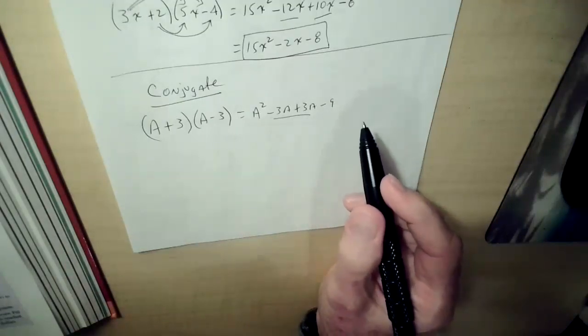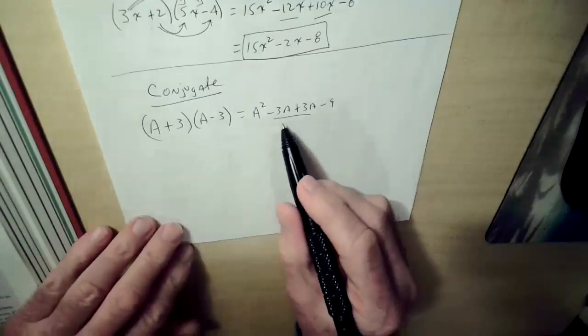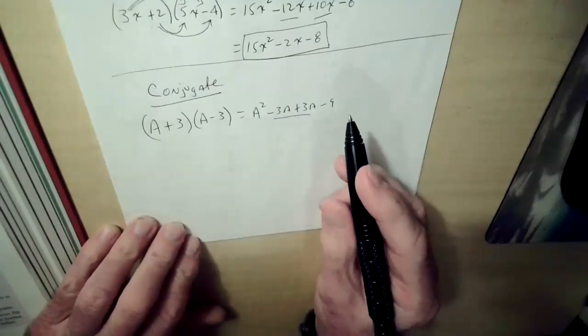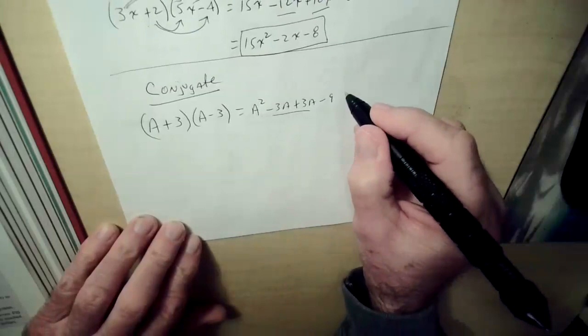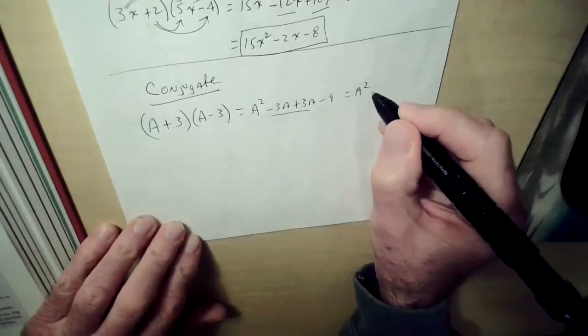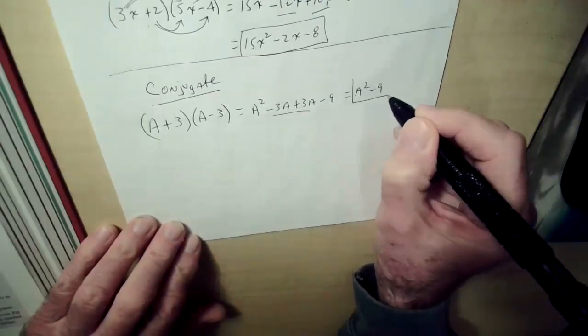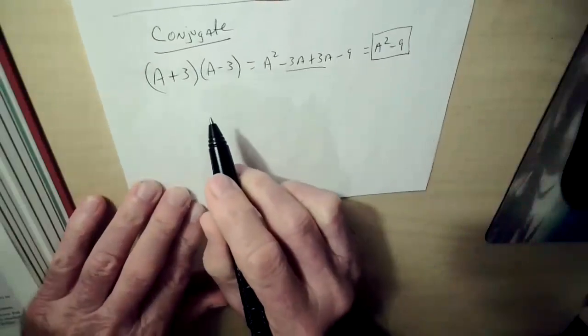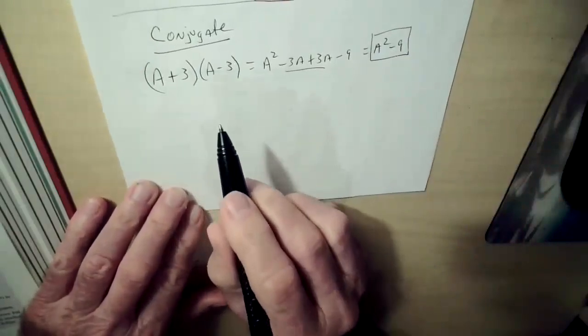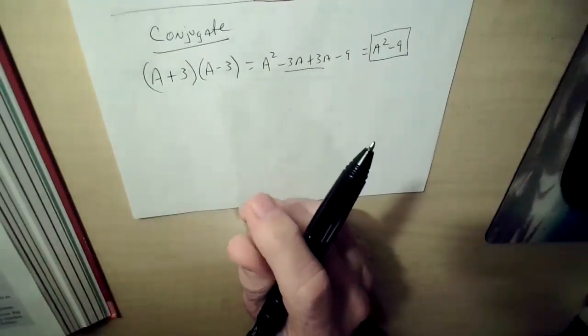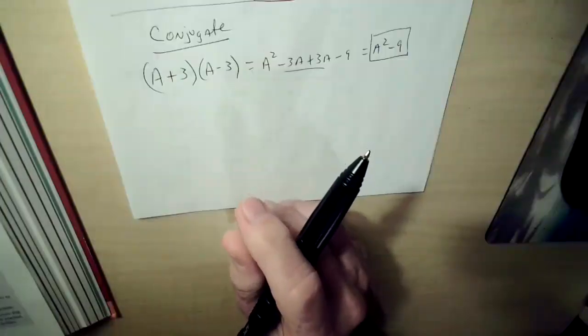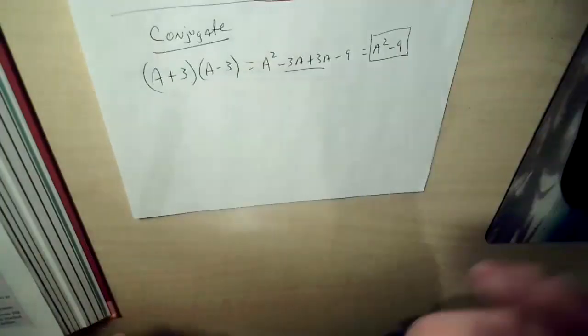This is called the linear term. The linear terms are opposites of each other. So what happens here? Any number minus itself is 0. This is going to be equal to a squared minus 9. That's what happens when you get a conjugate, and we'll use more of this later.